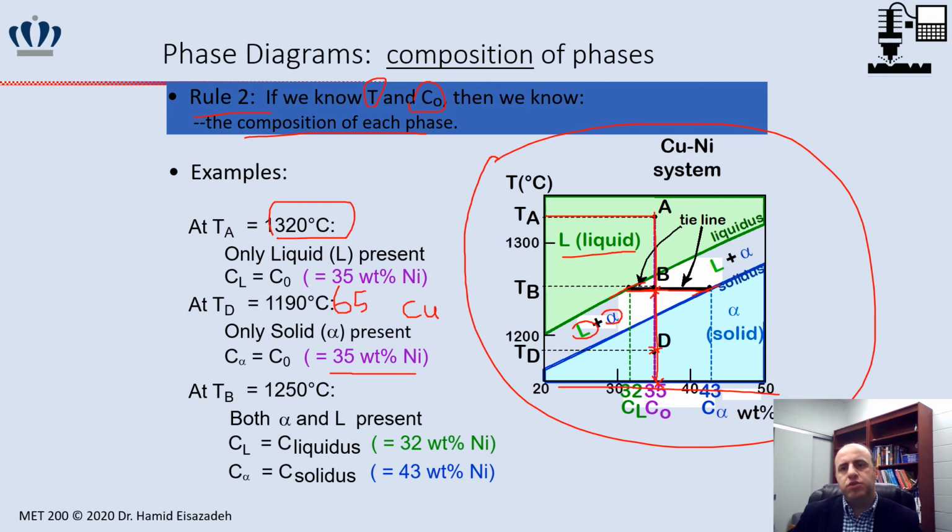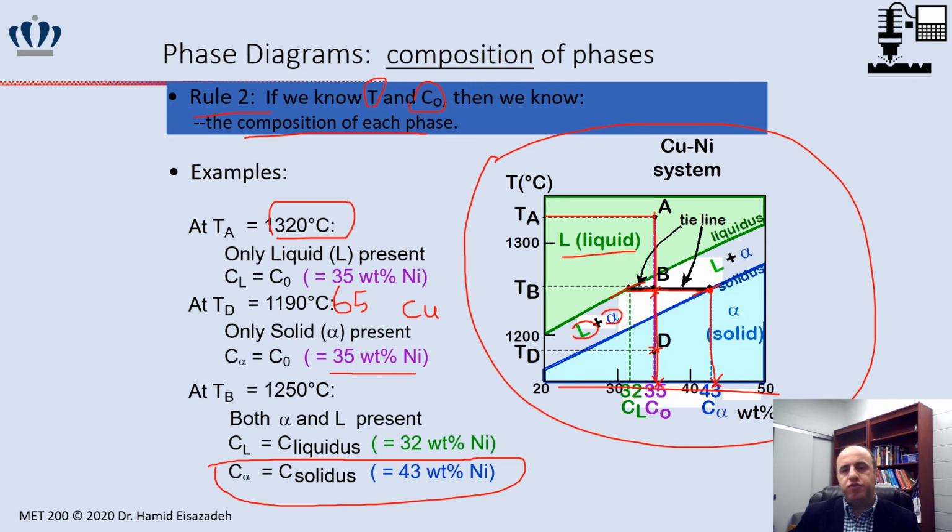When you cross, for example, the solidus line, you then need to draw another vertical line to find the composition of that alpha. Here, as you see, the composition of that alpha is 43% nickel.